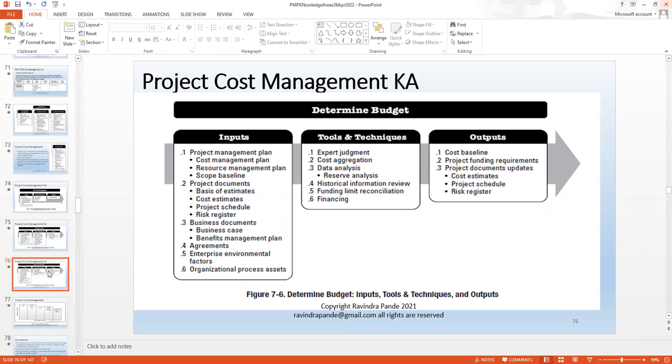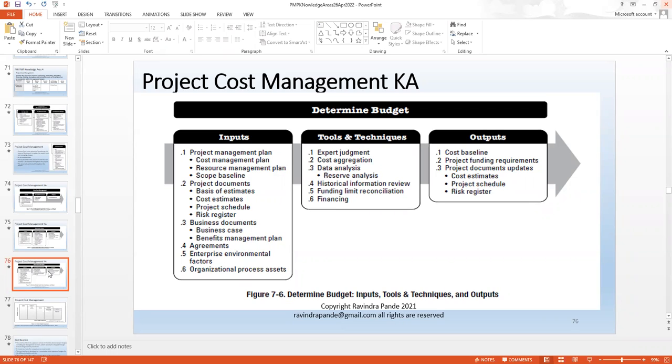Funding limit reconciliation talks about the daily cost audits we do. You can do a cost audit with the project manager and financial controller. Two of you can do it effectively rather than having the complete team involved. Otherwise, normally we have a sprint review which also includes cost review. And we'll have a look at such reviews again as processes afterwards. But here, what we are trying to do is determine the budget.